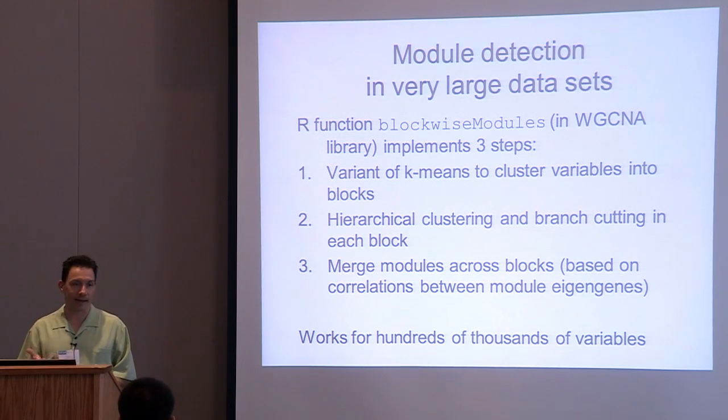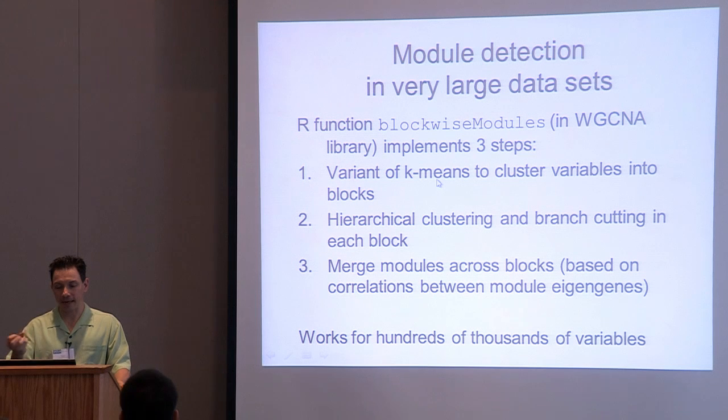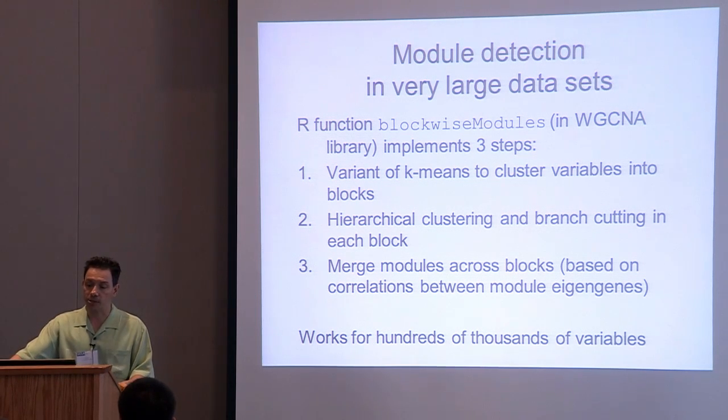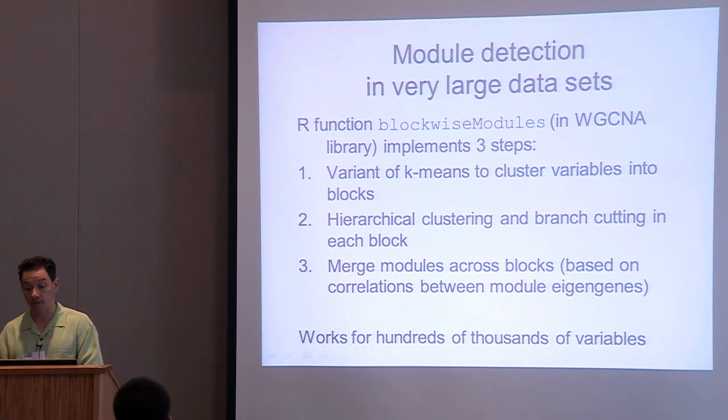Again, that highlights the use of the module eigengene, which is really at the backbone of this blockwise module approach. We have several functions called blockwiseModules and blockwiseConsensusModules. This blockwise approach is implemented in various tools, and it works very well.